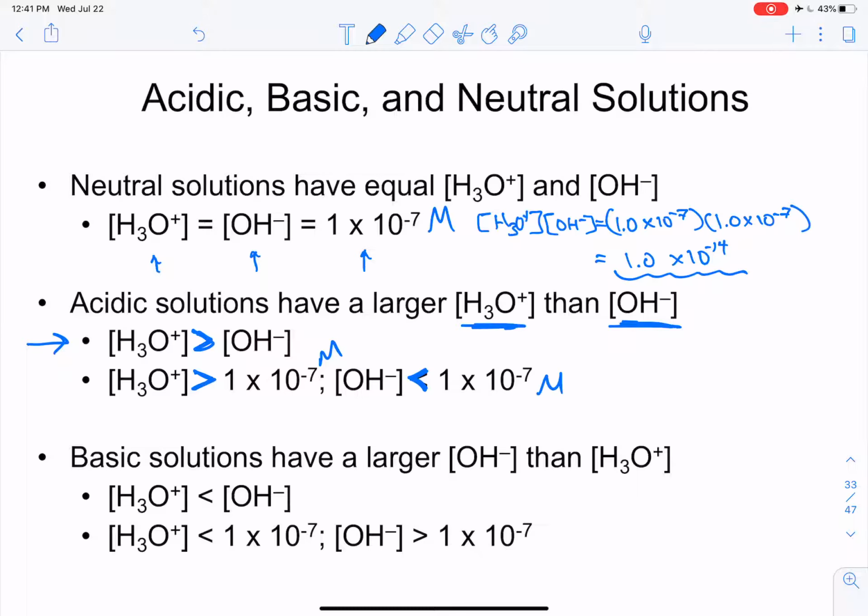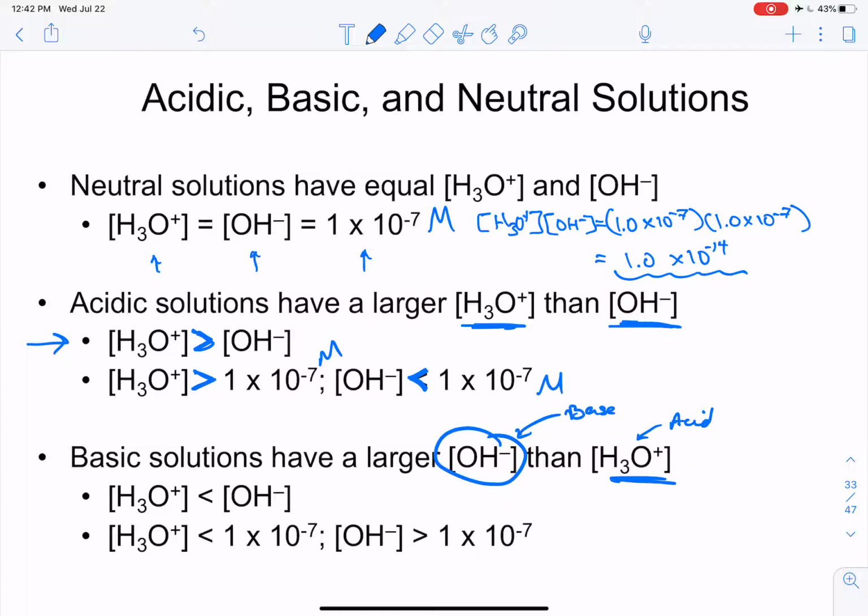Now in basic solutions, also called alkaline solutions or alkali solutions, you're going to have more hydroxide around than you're going to have hydronium, okay? So it makes sense that we'll have more base than we will have acid if we're a basic solution, okay?